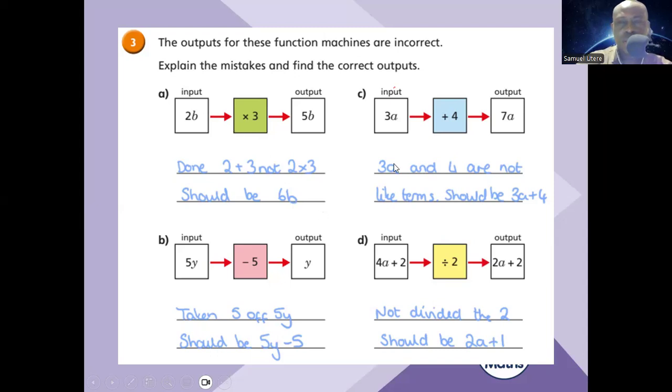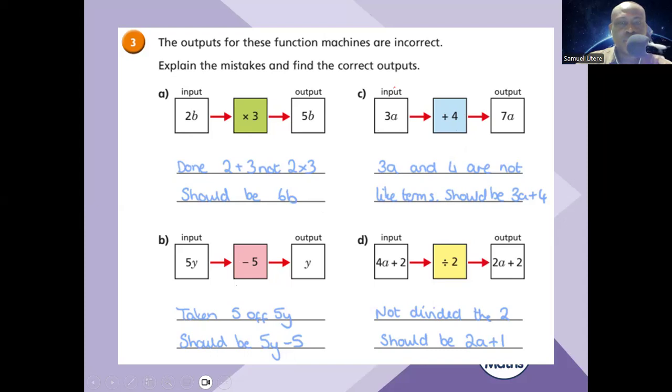And then here, okay, you cannot add this because these are two separate bars. So remember in the bar model, if we rewrite this it is 3 lots of a plus a bar that has 4. So our correct output will be 3a add 4. Then this one will be just 5y minus 5.